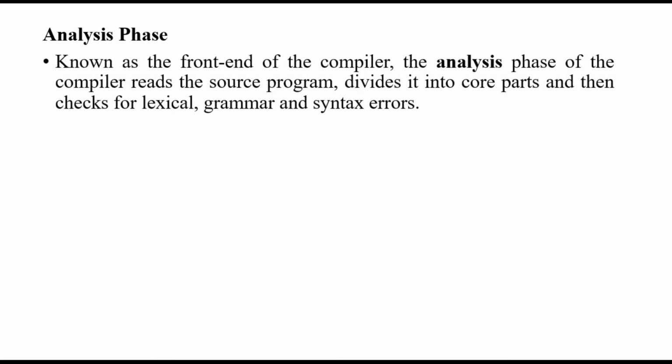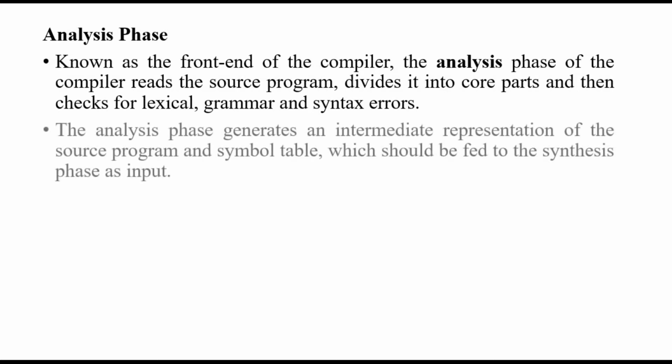The analysis phase of the compiler reads the source program and divides it into core parts, and then checks for lexical, grammar, and syntax errors. The analysis phase generates an intermediate representation of the source program and a symbol table, which are fed to the synthesis phase as input.